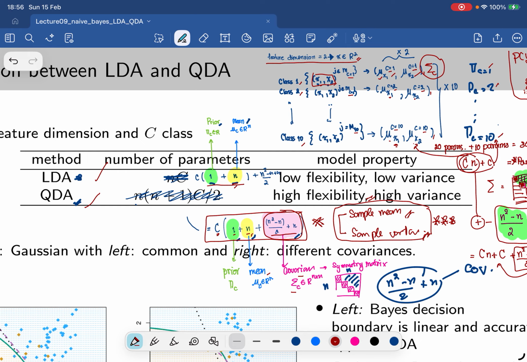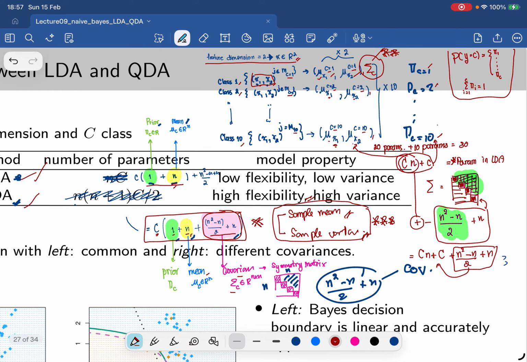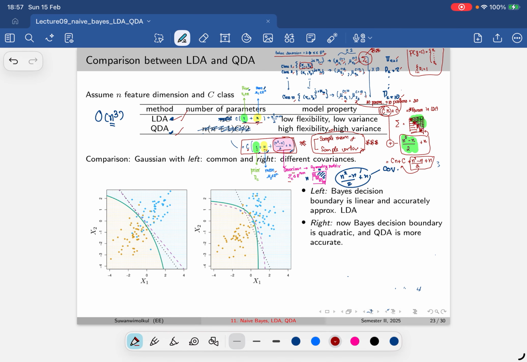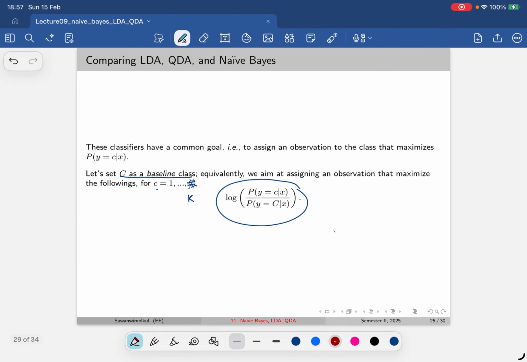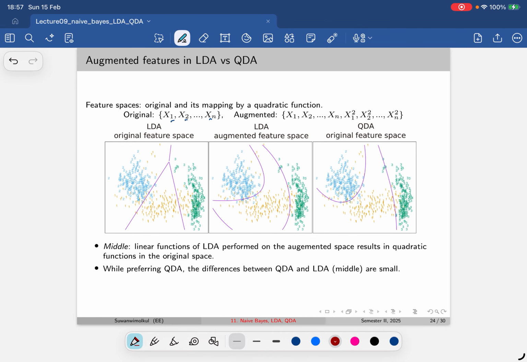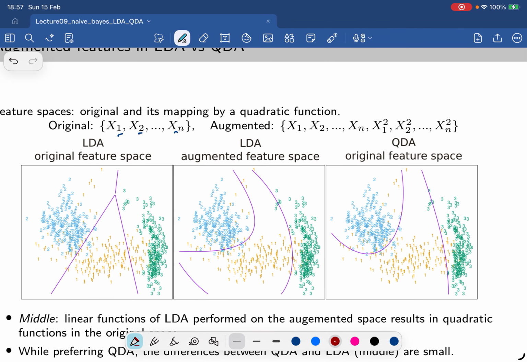In other words, if you have data that is distributed differently for different classes, then you would probably want this sigma c to be different for each class, over LDA that assumes it to be the same. In fact, we have an example. We can go over that example later, but in this example you can see that the distribution of each of these classes is different.